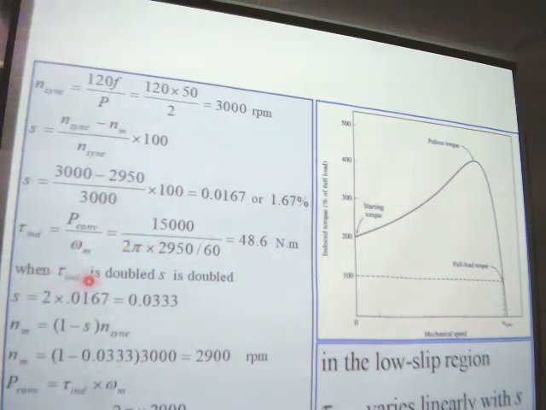If the torque is doubled, what is the slip S?